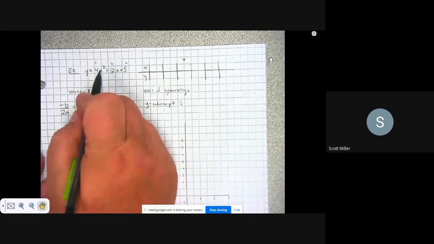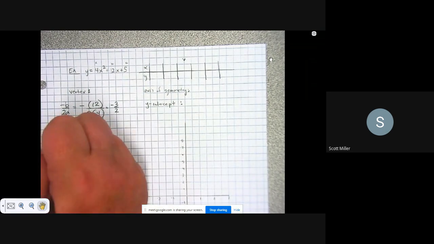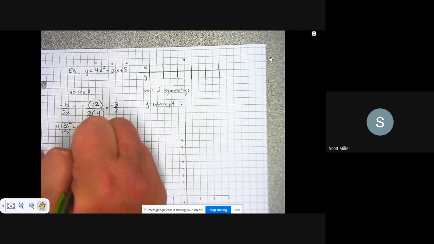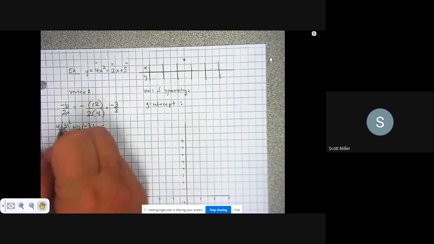Take that number and plug it back in to find the y coordinate that goes with this. So then I'm going to have 4 times negative 3 over 2 squared, plus 12 times negative 3 over 2, plus 5. Working this out, this is going to be 4 times 9/4.